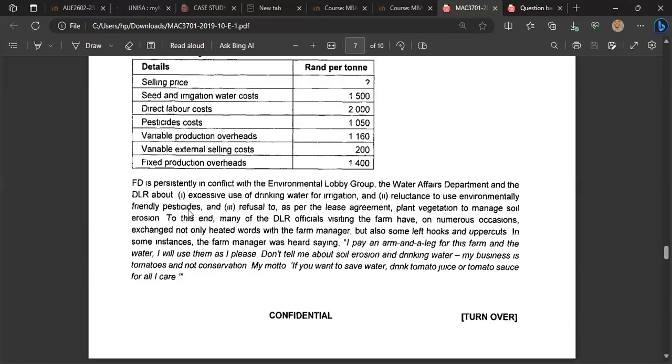FD is persistently in conflict with the environmental lobby group, the Water Affairs Department, and the DLR about, number one, excessive use of drinking water for irrigation, number two, reluctance to use environmentally friendly pesticides, and number three, refusal to, as per the lease agreement, plant vegetation to manage soil erosion.